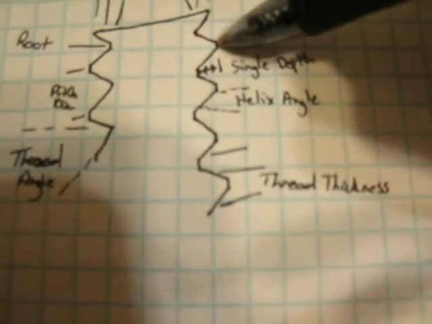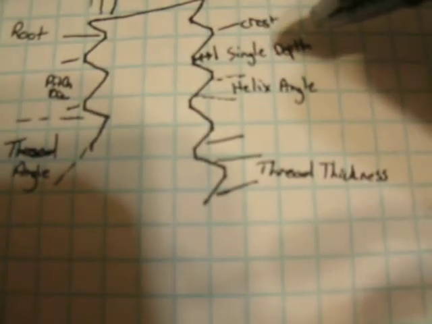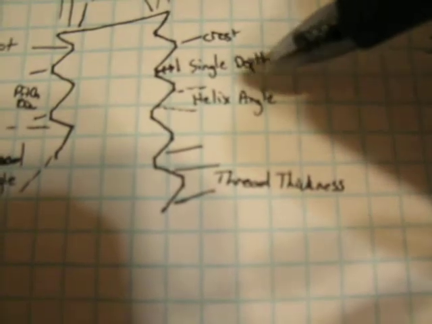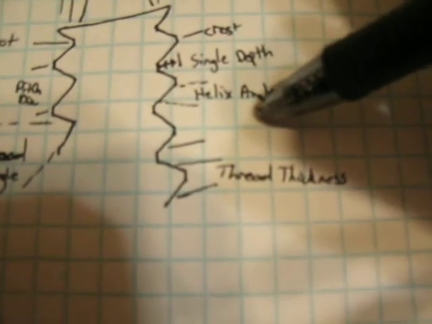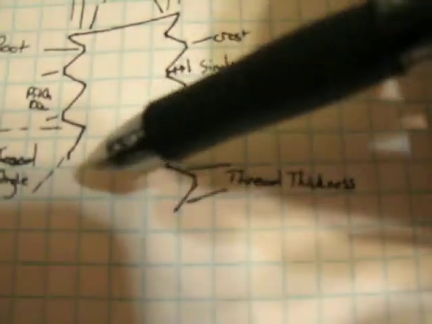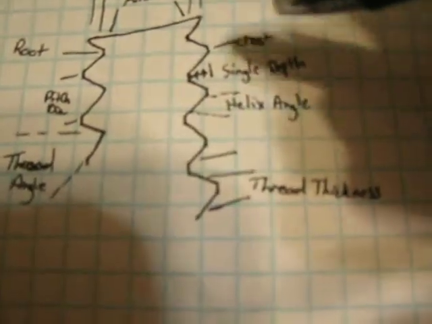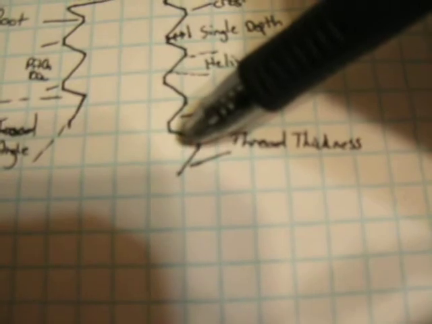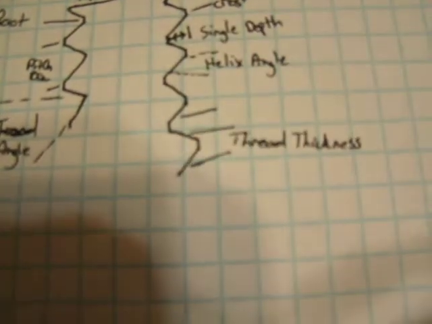So like I said, the top of the thread is called the crest. You've got what's also known as your single depth. Then your helix angle, which is kind of like half the thread angle in a way. Then you've got your thread thickness, which is from here to there.